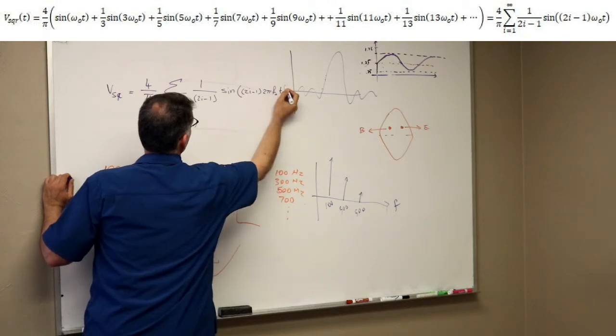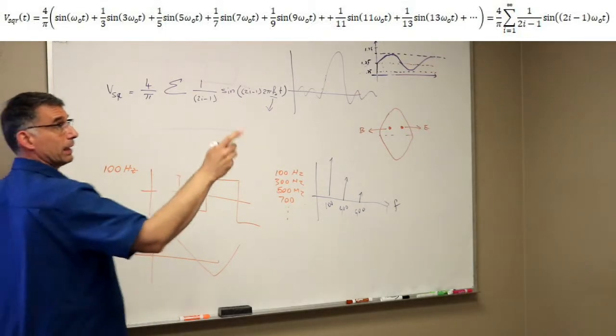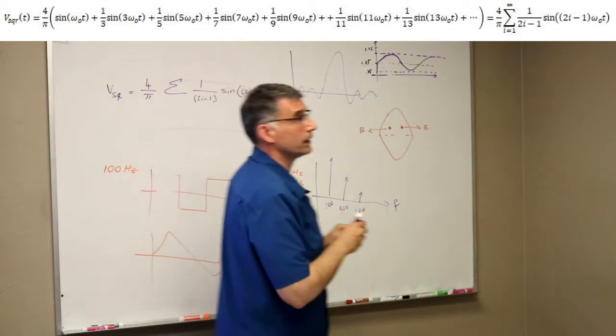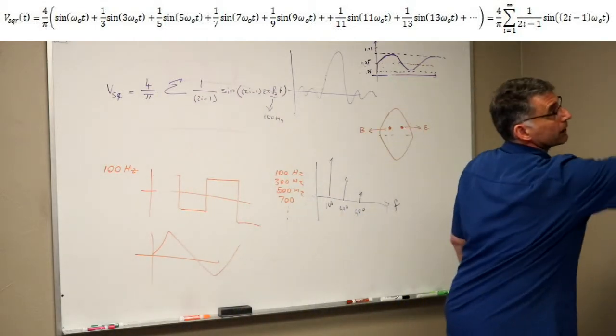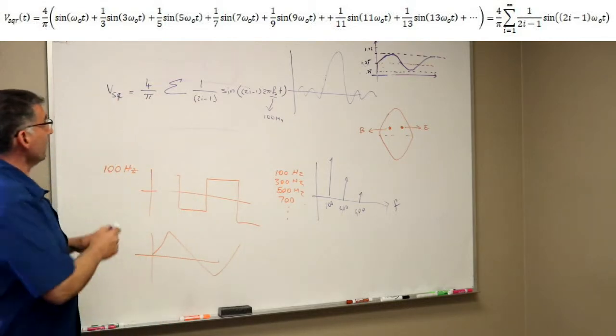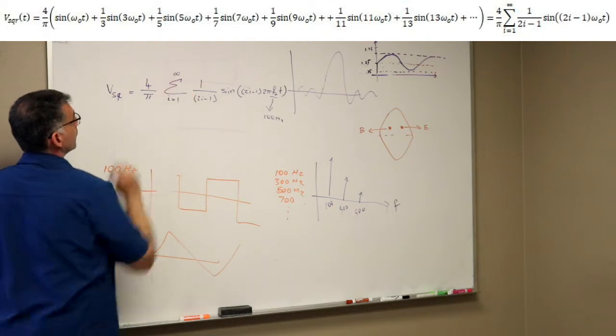What is the f naught again? This is the fundamental frequency. So for example, for this one, I've set it to 100 hertz. Do you see it right here? If not, I set it to 100 hertz. Okay, so then i goes from 1 to infinity.